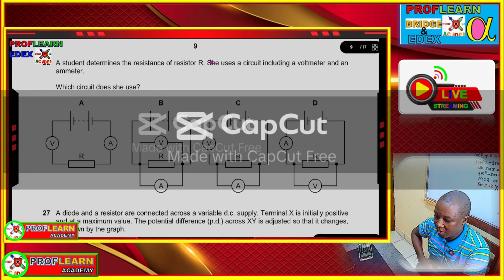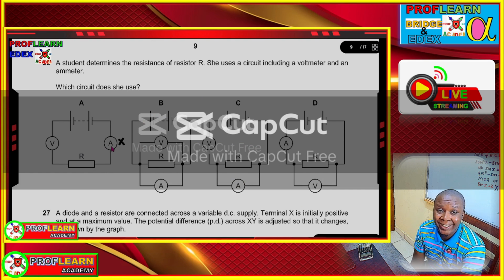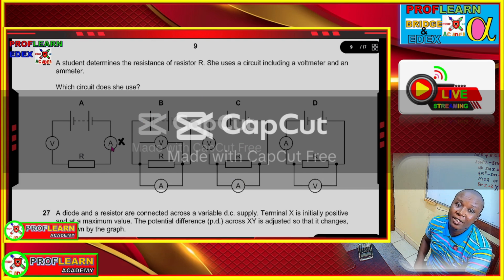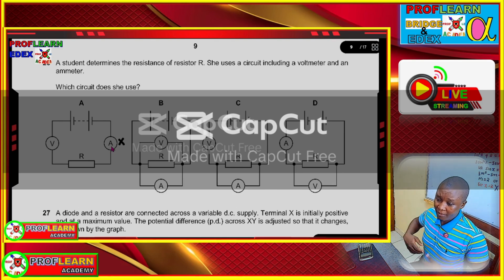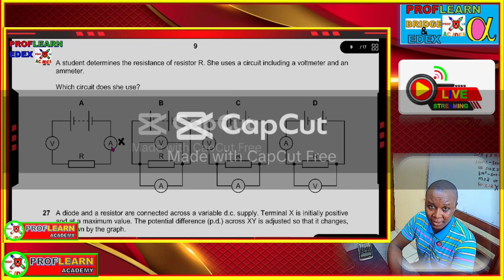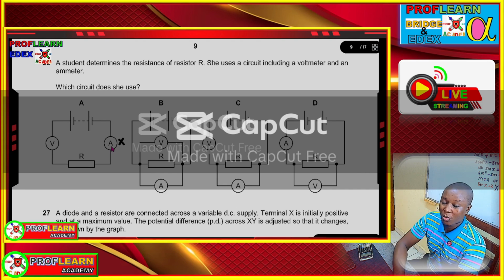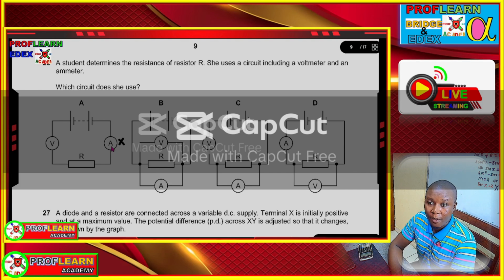Moving to the next part, a student determines the resistance of a resistor. She uses this, so which is the best circuit to use here? An ammeter should be connected in series with the rest of the component, while the voltmeter must be connected in parallel to the component where we want to measure the voltage.